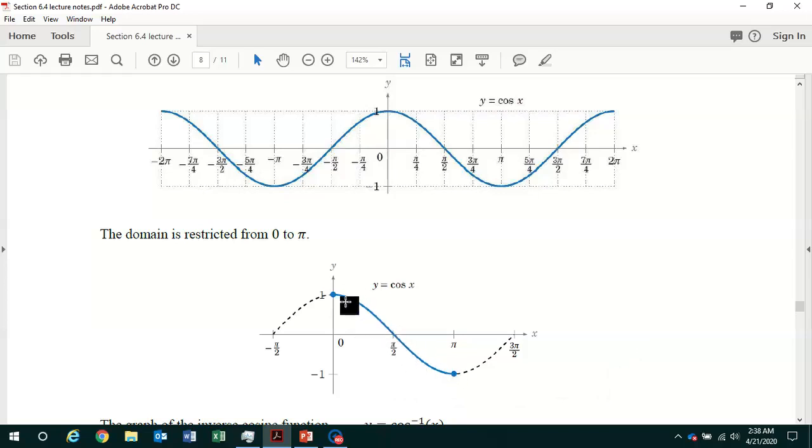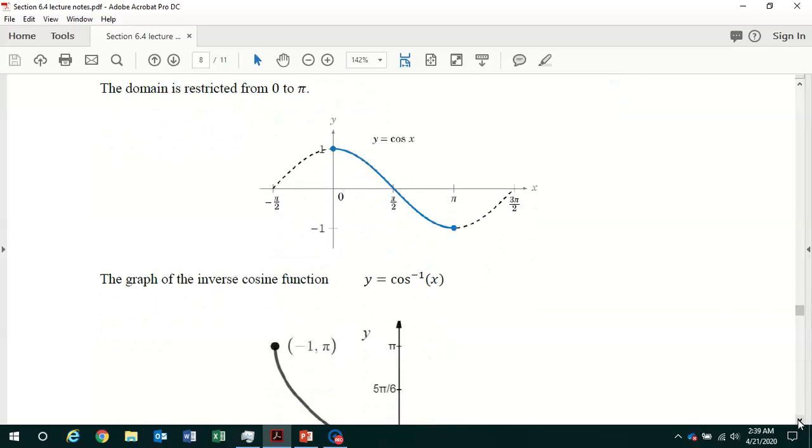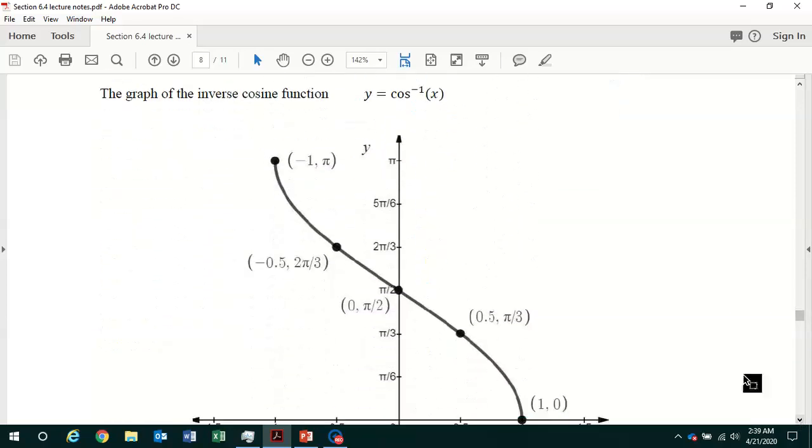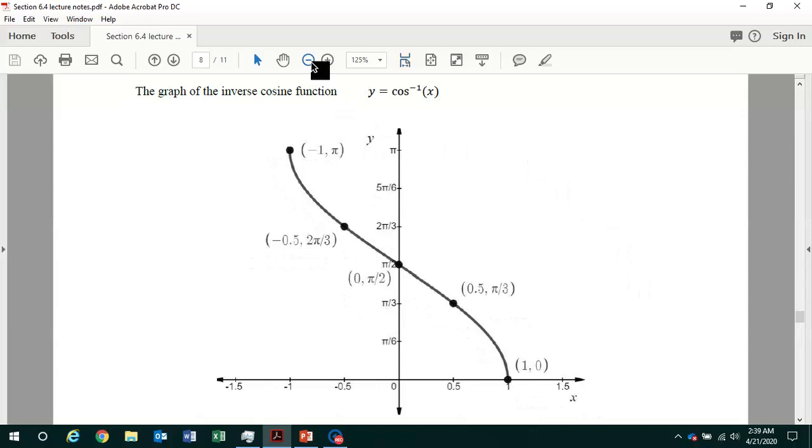You can see this part of the cosine function passes the horizontal line test, and so it has an inverse. This is the graph of the inverse cosine function down below. Remember, the -1 on the superscript of the cosine does not mean reciprocal. It's just fancy mathematical notation to indicate this is the inverse cosine of x.